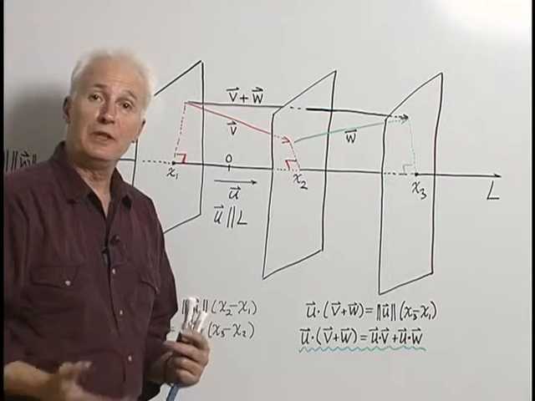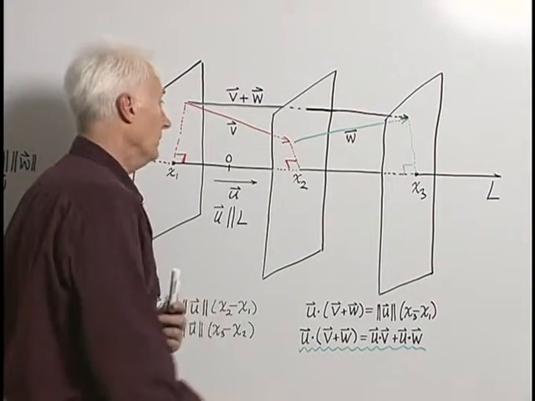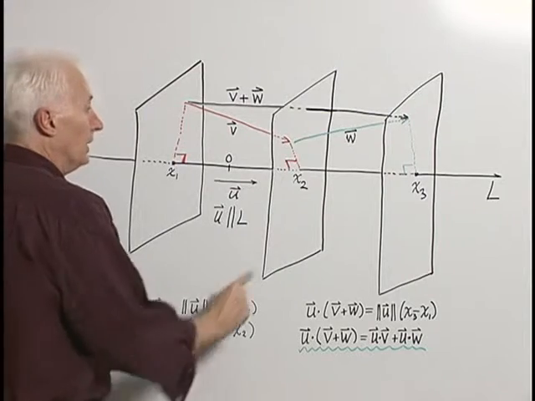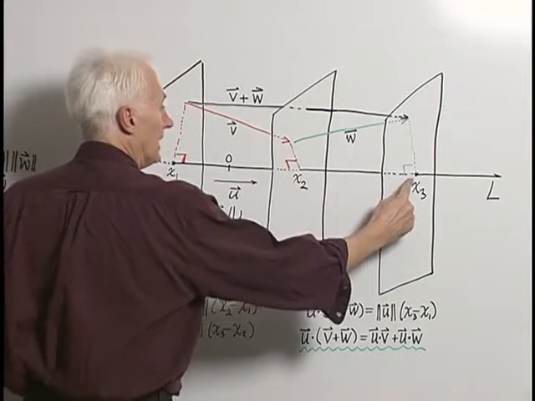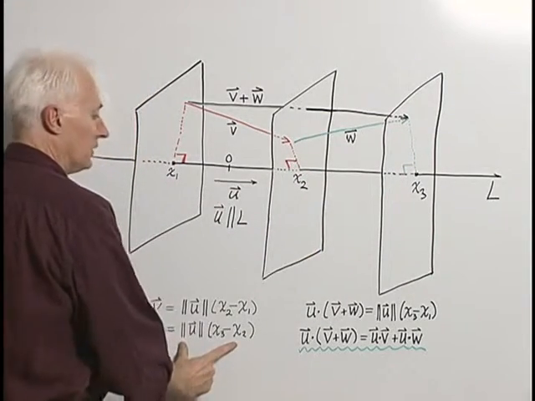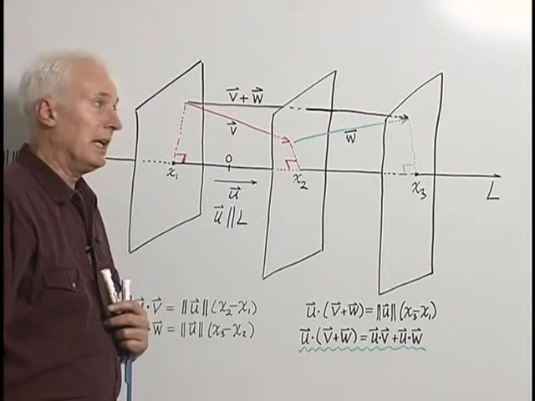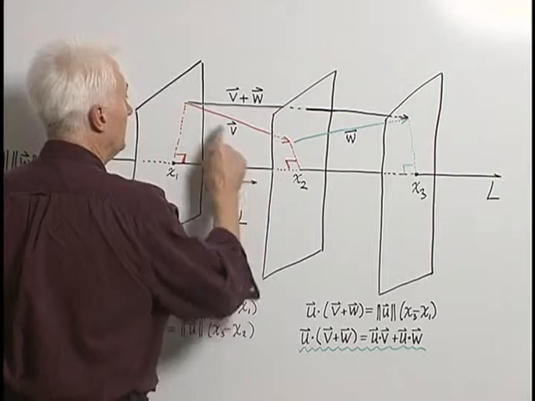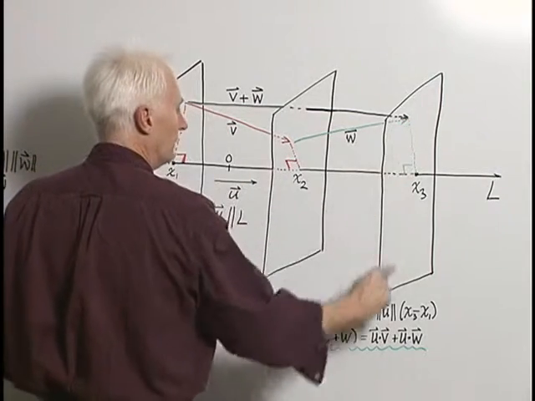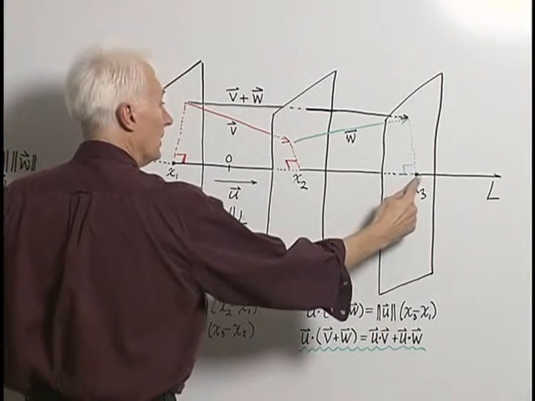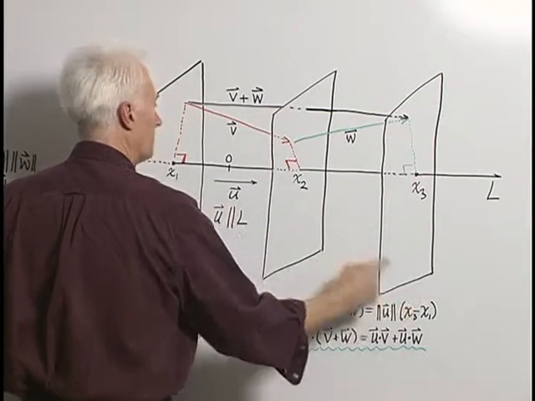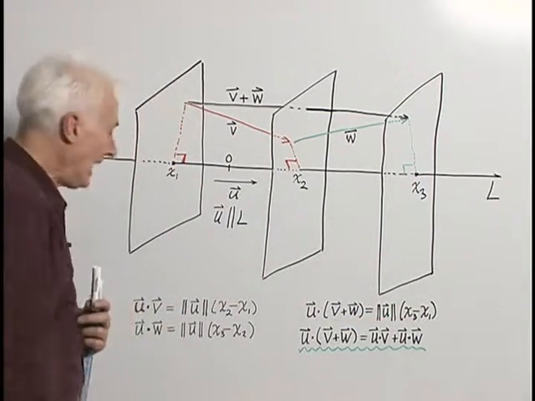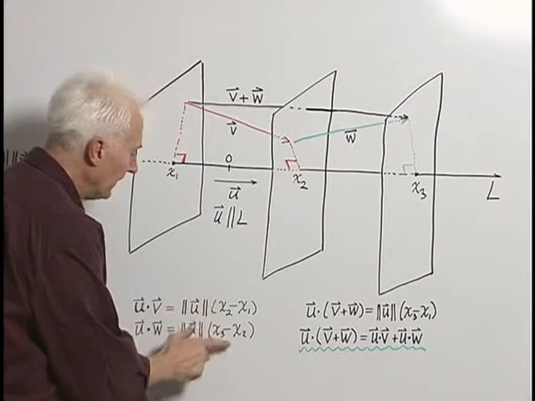Likewise, let's do that for the vector w. So u dotted into w will be length u times x3 minus x2. What about if we do that for v plus w? U dotted into v plus w will be length u times, where does the tip project to? x3 minus x1. Well, notice what happens if I add these two things.